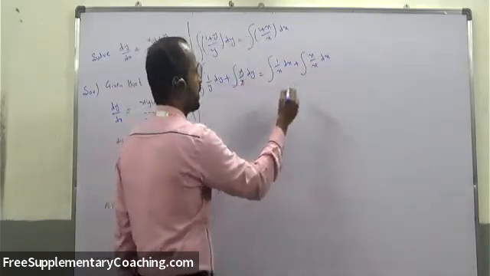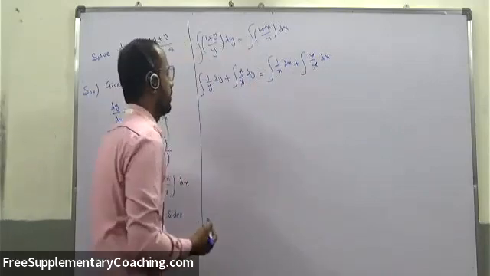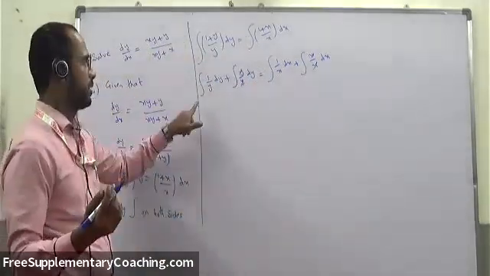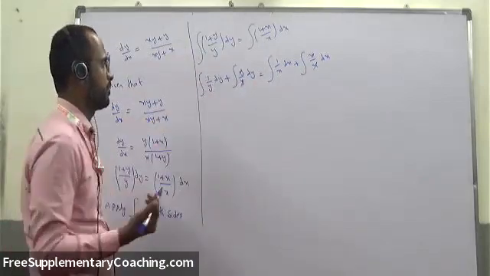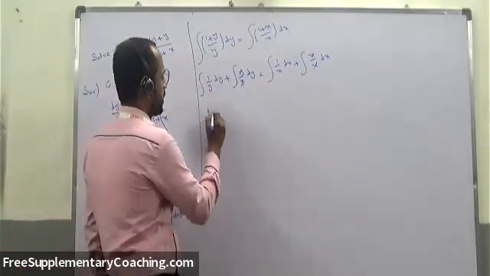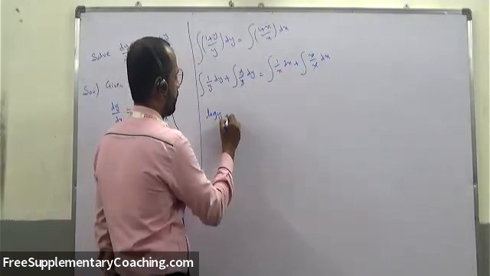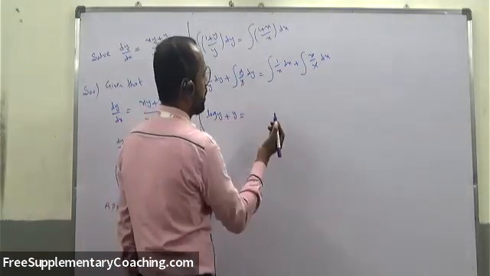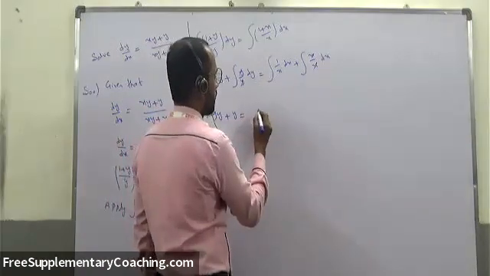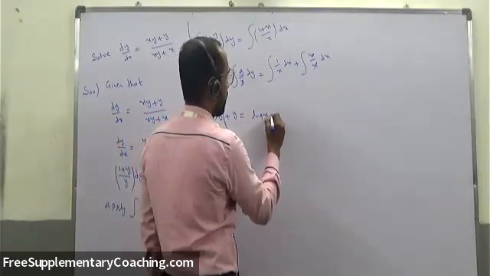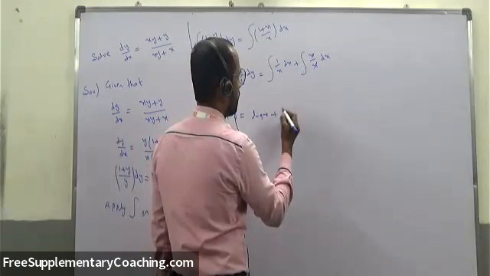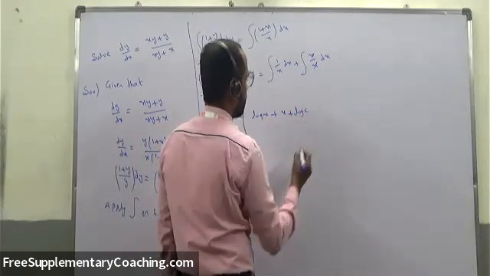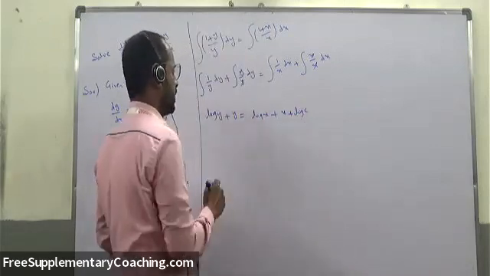So this y gets cancelled, x gets cancelled. We know that integration of 1 by x is log x. Similarly, integration of 1 by y into dy is log y. So you can write log y plus integration of 1 into dy is y, is equal to log x plus integration of 1 into dx is x. Here I am writing the constant as log c in order to simplify this.